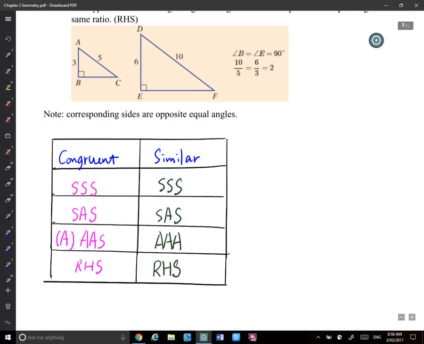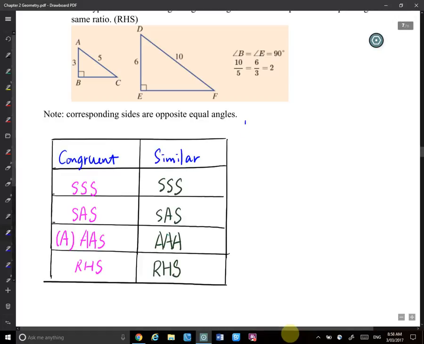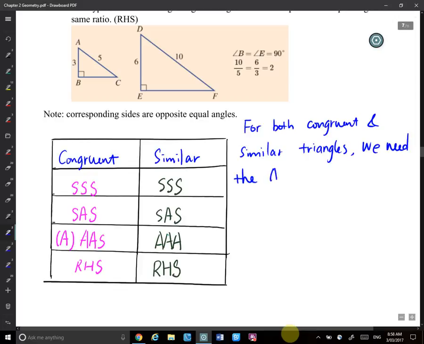So for both congruent and similar triangles, we need the angles to be equal.